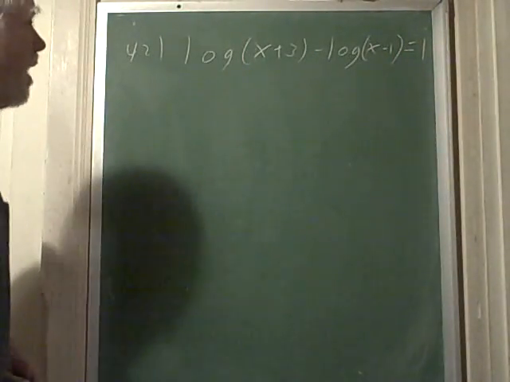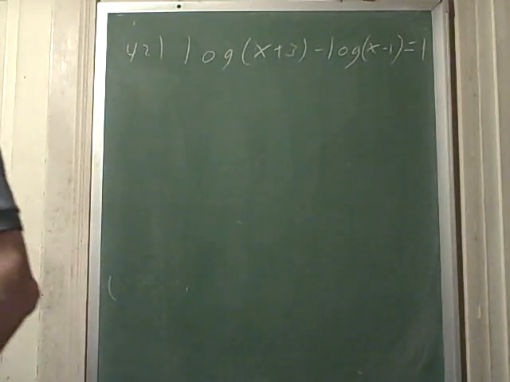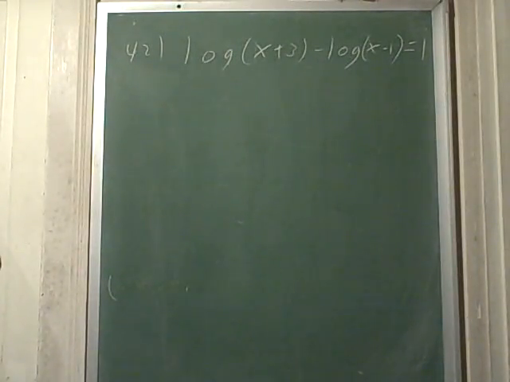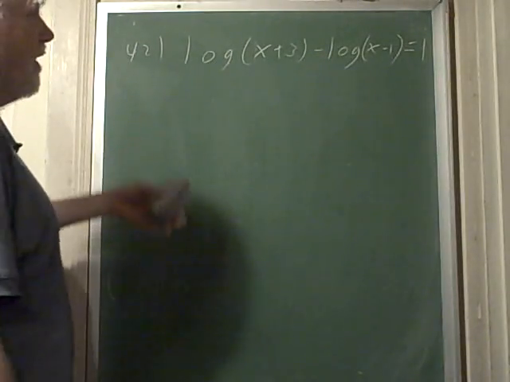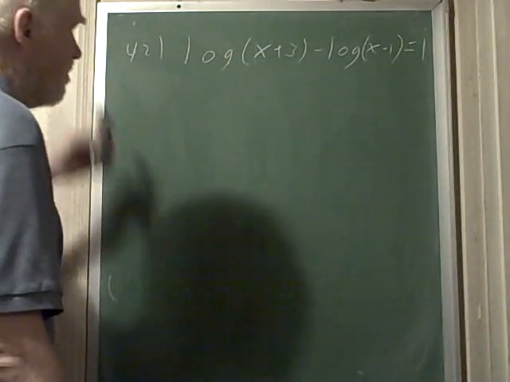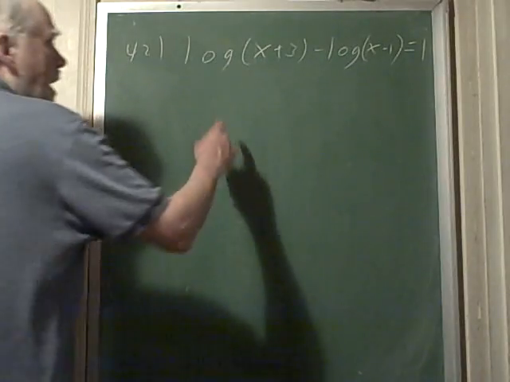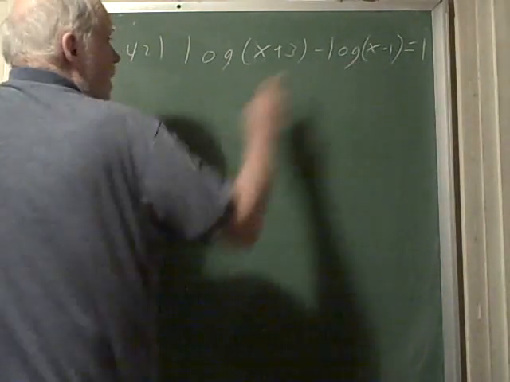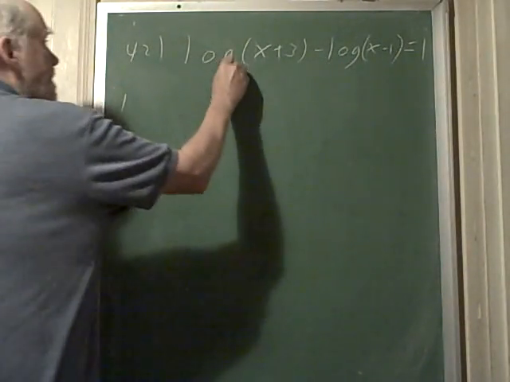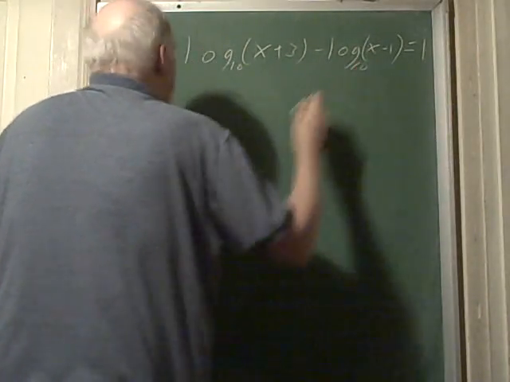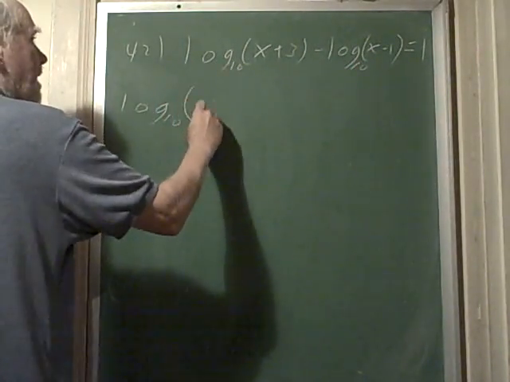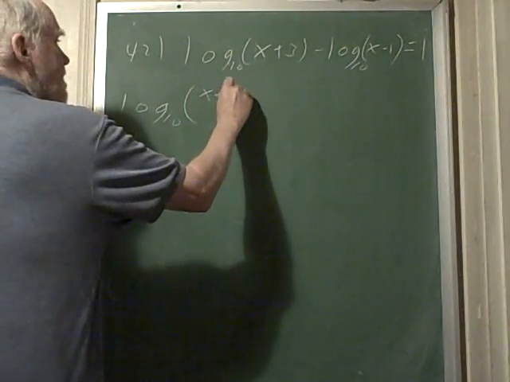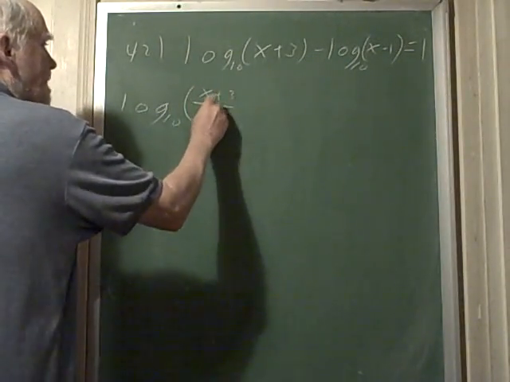All right, well, we've got a problem here. Again, we've got a situation where we don't have what we like to have, which is the log of q equals the log of r, or the other equivalent statement. But I notice that this is property 2 again. Oh, by the way, this is base 10. And so I can immediately write this as the log base 10 of x plus 3 divided by x minus 1.